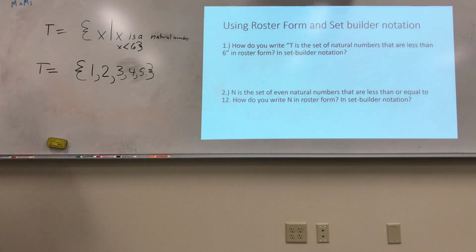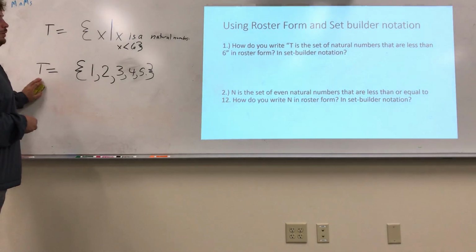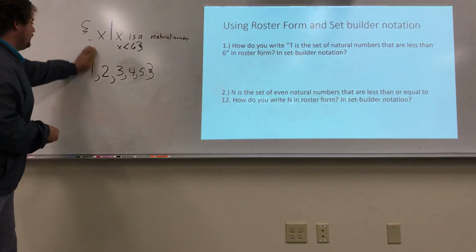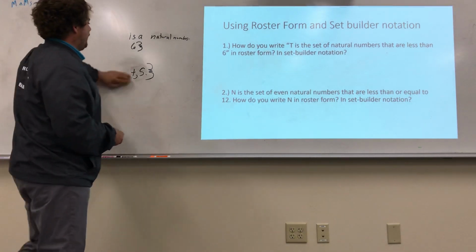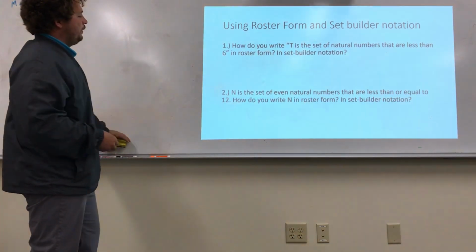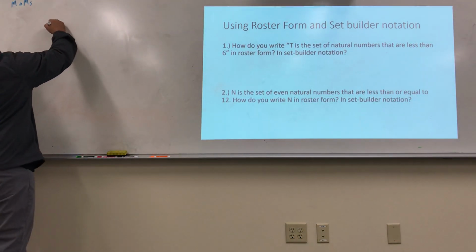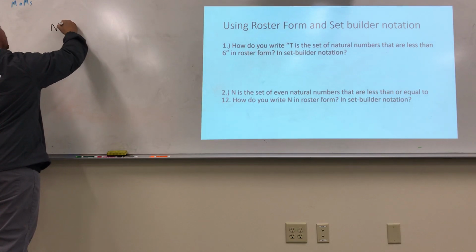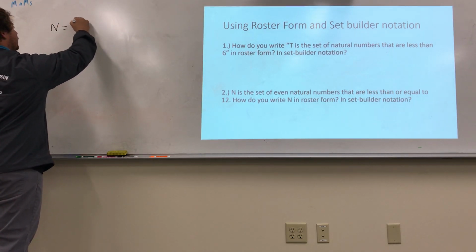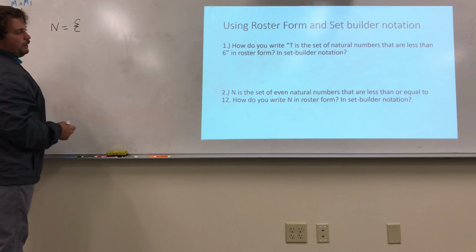Alright, N is a set of even numbers that are less than or equal to 12. Maybe we have to refer back to these, maybe we do not. First off, write it in roster form. N equals bracket. So you need even natural numbers that are less than or equal to 12.